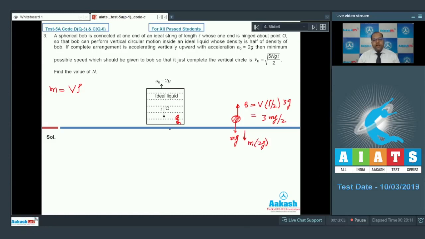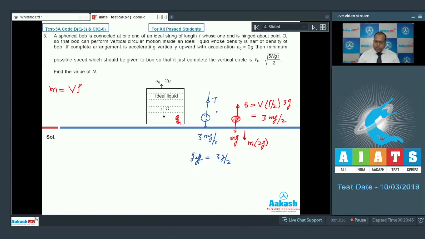So effectively if I write down the forces acting on the bob in the frame of this observer, then the tension T is acting in this direction and net gravity acting in this direction is 3 mg by 2. So we can say that the value of g effective is given by 3g by 2.